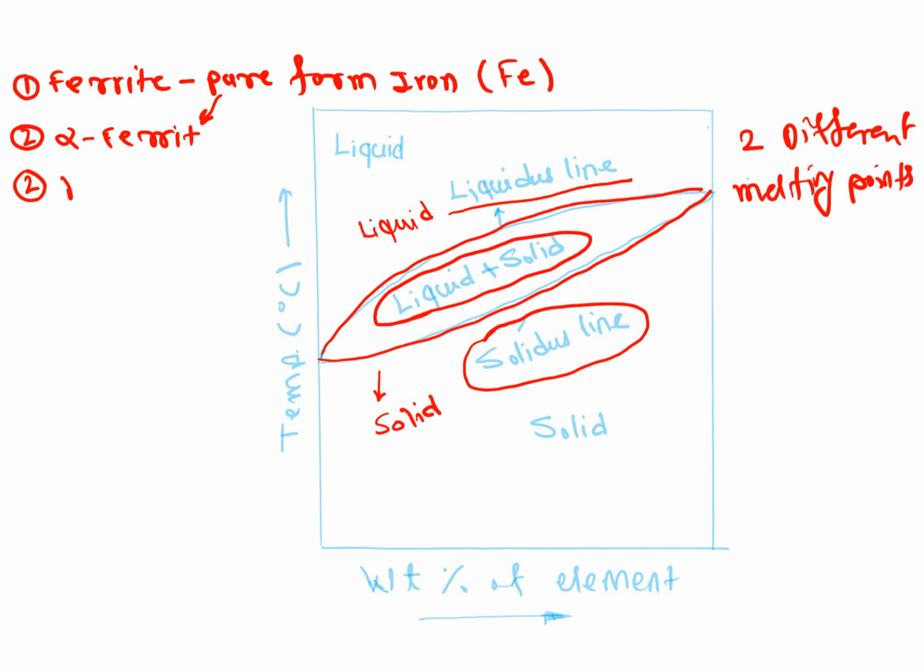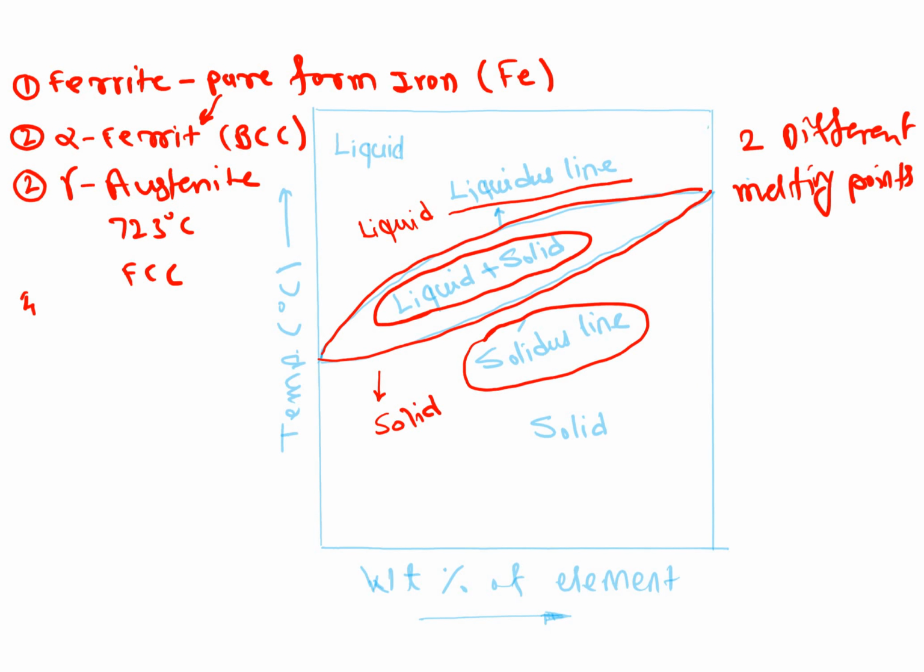Then gamma ferrite or austenite: at elevated temperature above 723 degrees Celsius, we call the pure form of iron gamma austenite, which has an FCC crystal structure. Alpha ferrite has a BCC crystal structure. I will tell you that once again when I explain the diagram.